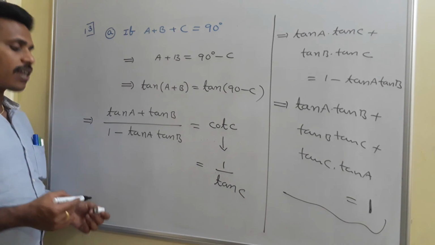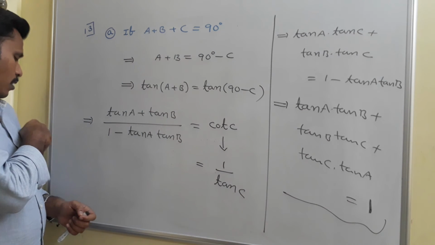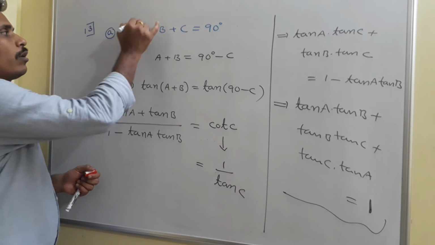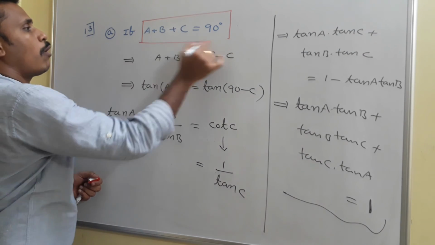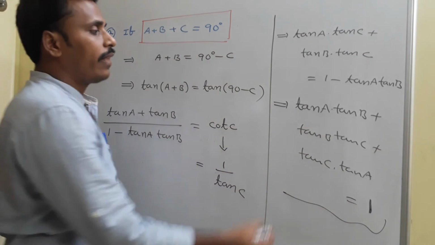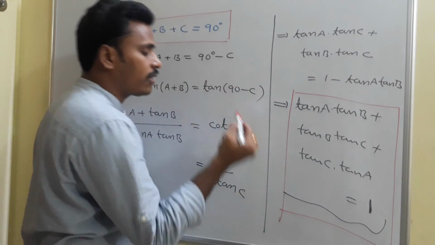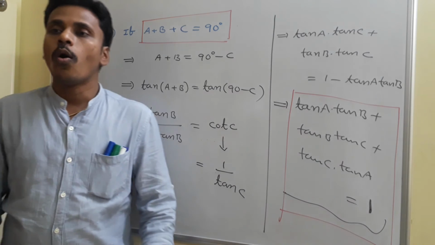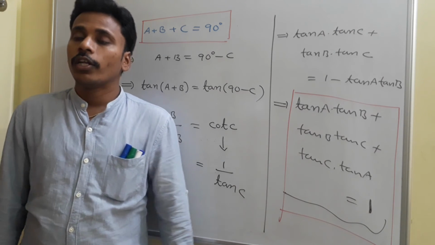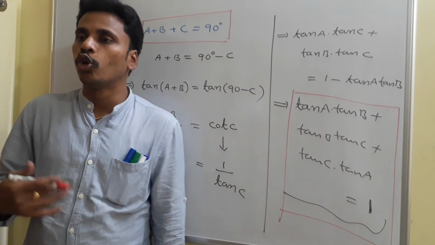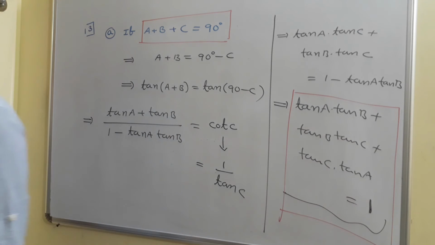So at the end you just identify this. If a plus b plus c is equal to 90 degrees, if the sum of three angles is 90, then tan a tan b plus tan b tan c plus tan c tan a value is equal to 1. A general result, you need to memorize this, it applies in many cases. Just have a look.